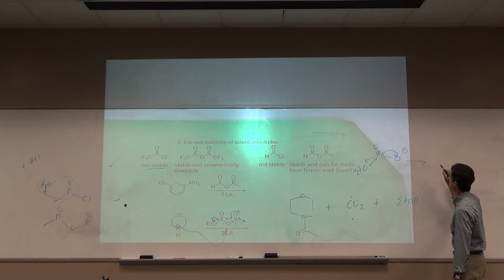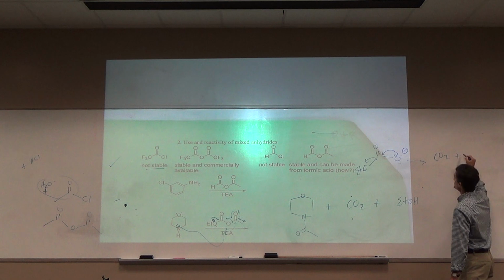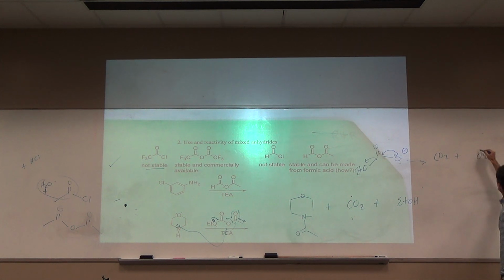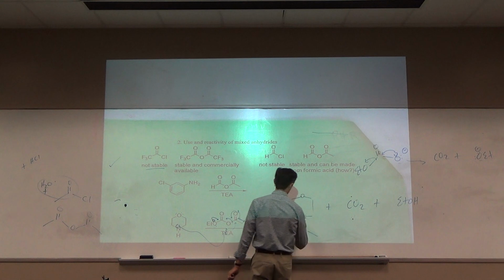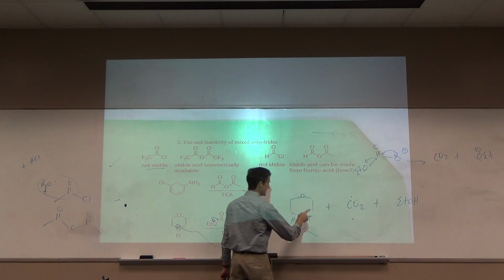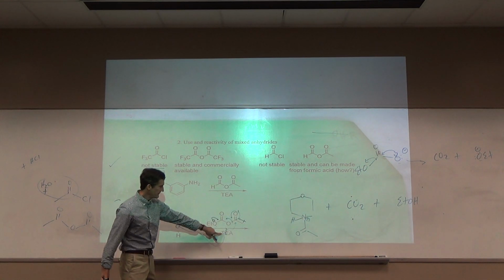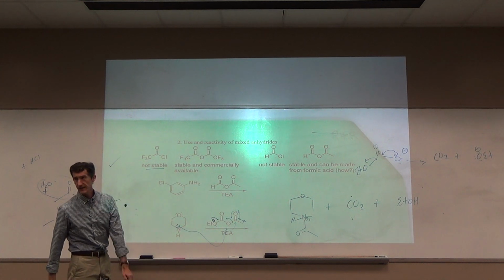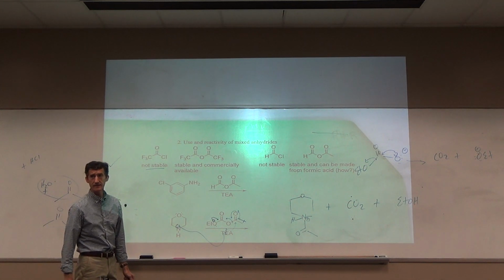And what does that give? CO2 plus O ethyl minus. That's a pretty dang strong base. At some point, something takes this H. Triethylamine could take it. I'm going to say that ethoxide is going to take it.